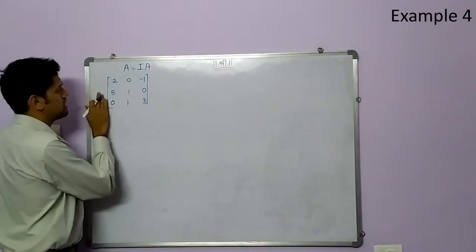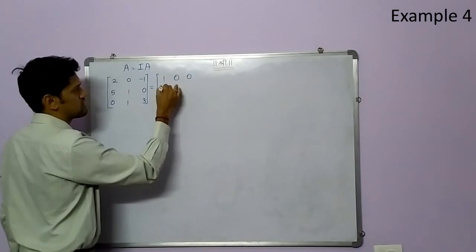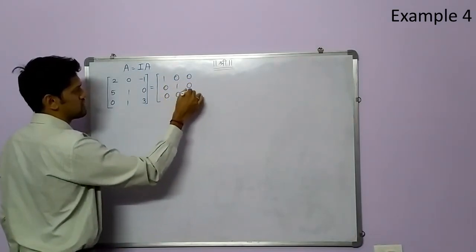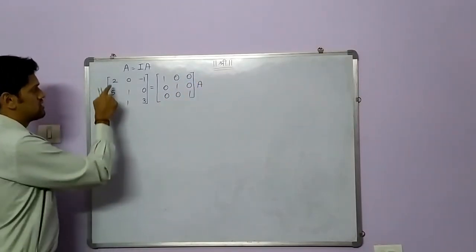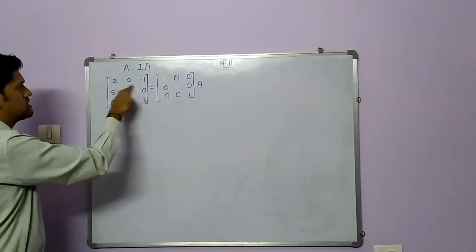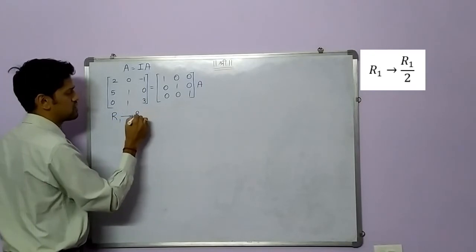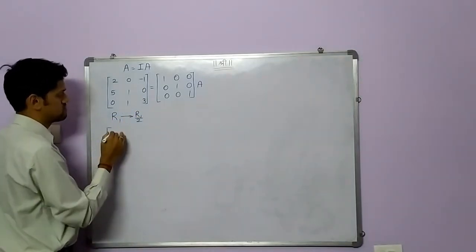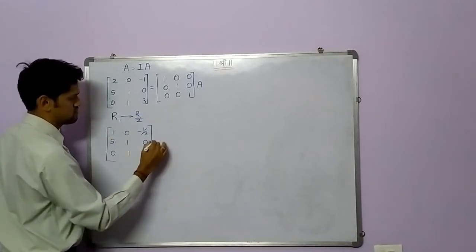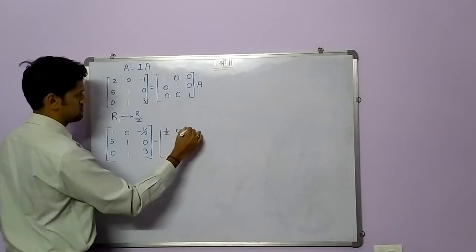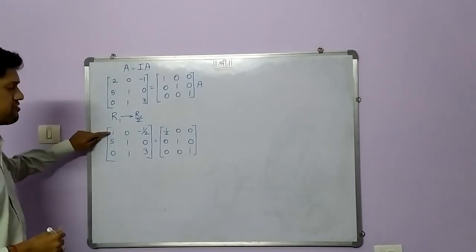So this is A is equal to I into A. To make this 1, what I do is divide the entire row, row 1 by 2. So first this I have made as 1.